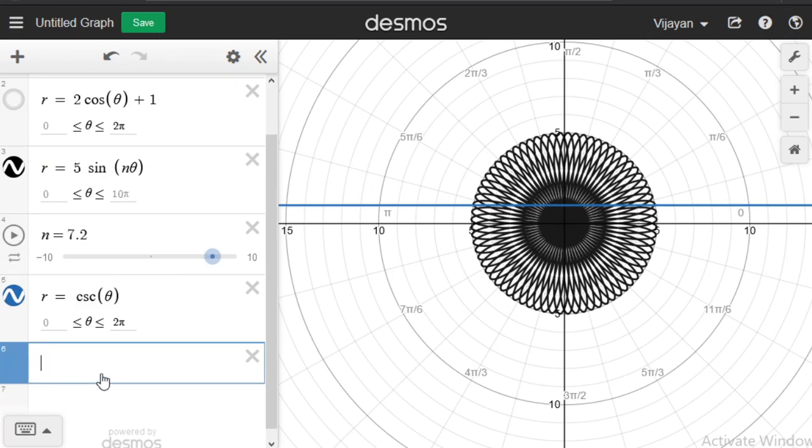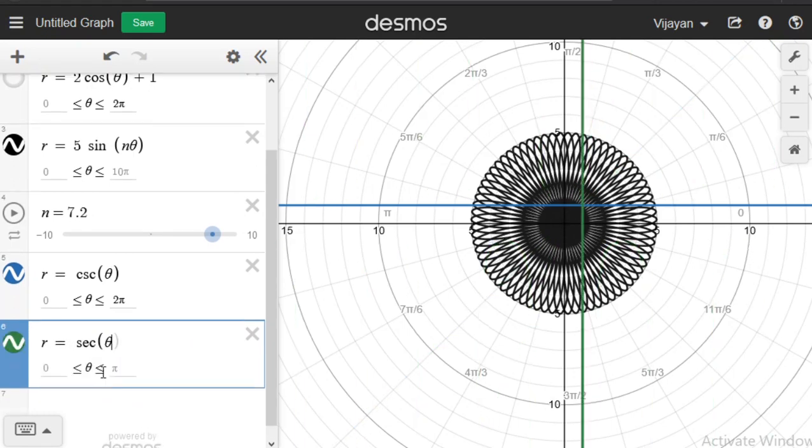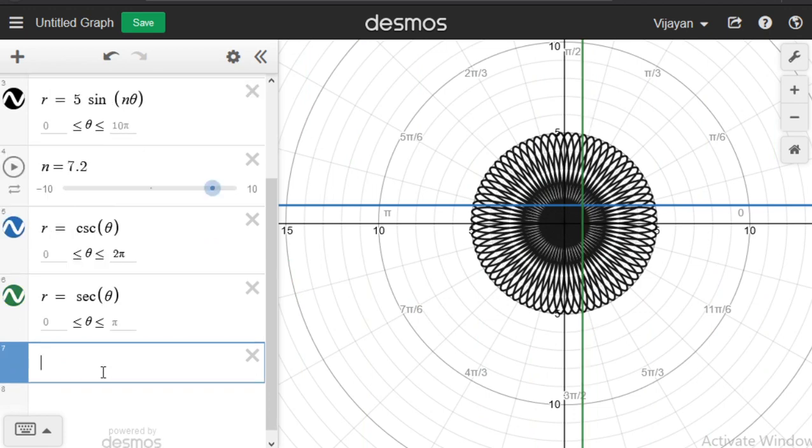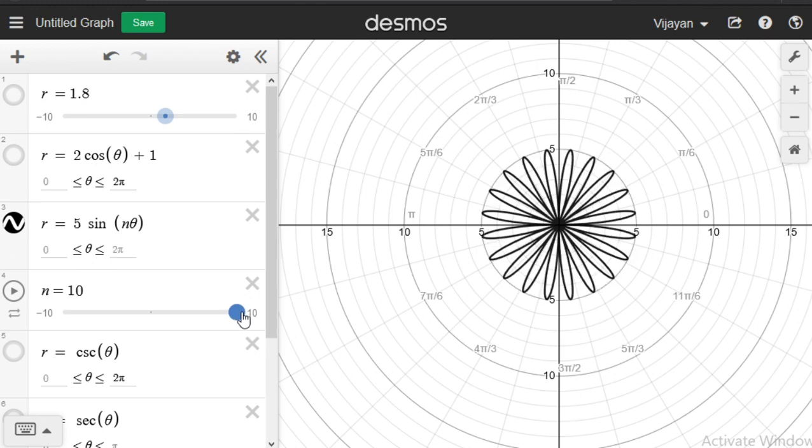If I plot r is equal to secant of theta, these give straight lines. So this is how polar graphing can be done. The best is this one, r is equal to 5 sin n theta, and changing the values of n, we get different patterns.